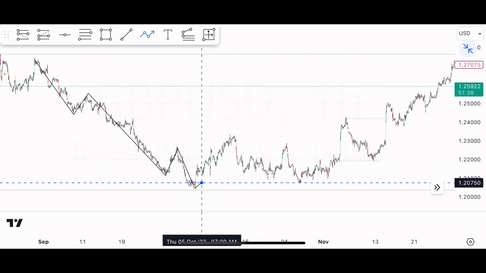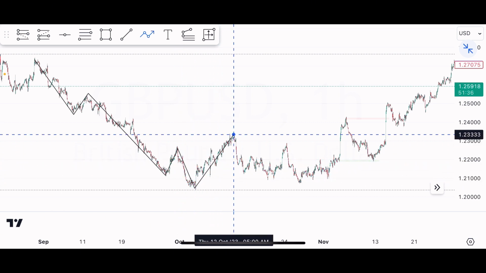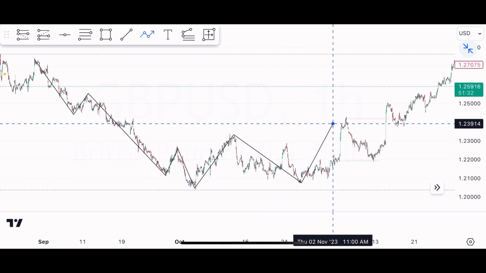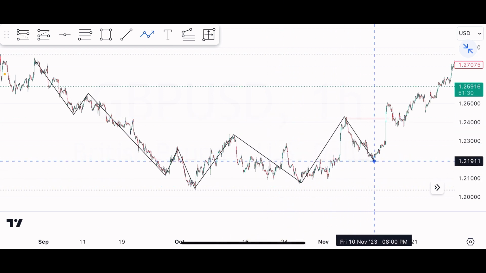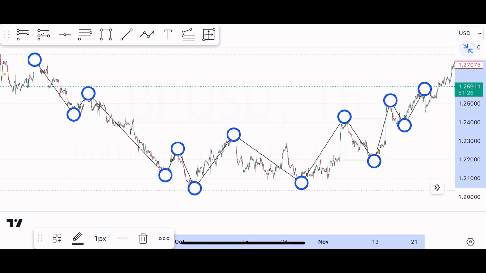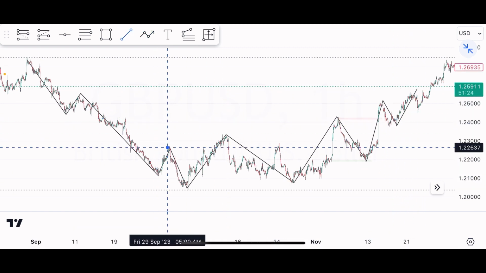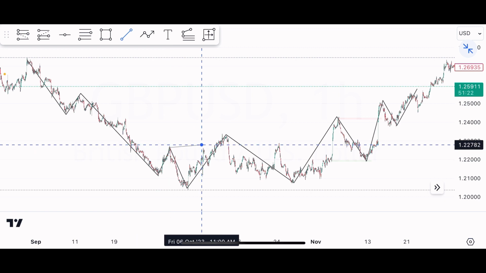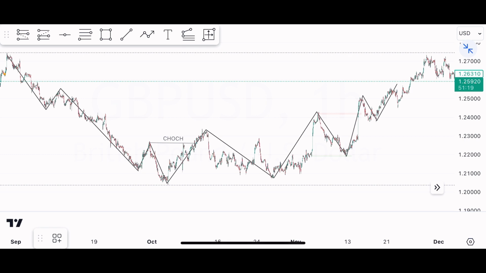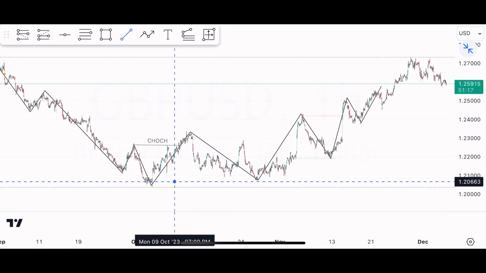And here, from a lower low, we made a higher high, and then higher low, higher high, higher low, higher high, higher low, higher high. You can see here we changed from a sell trend to a buy trend. That's how you get your change of character.